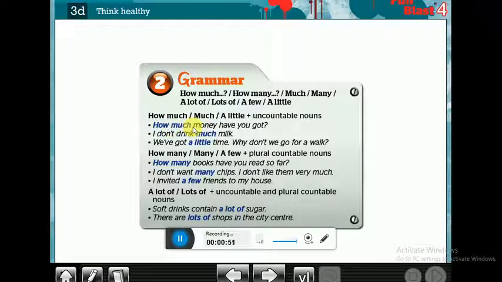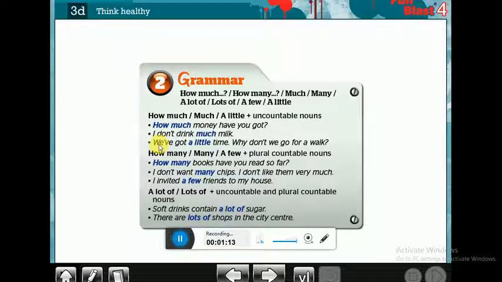So anything that we cannot count comes after how much. For the second sentence, I don't drink much milk. I don't drink much tea. So much comes before the liquids.